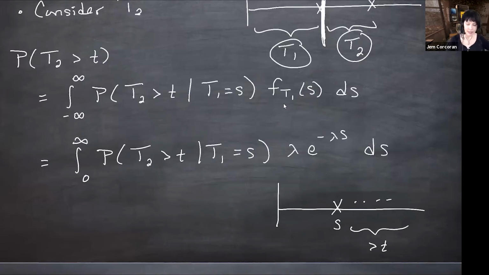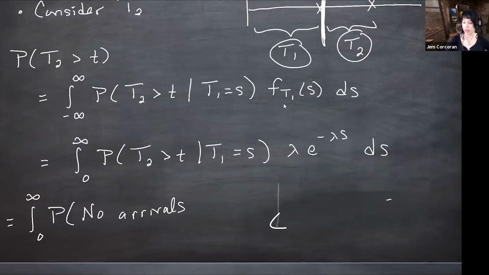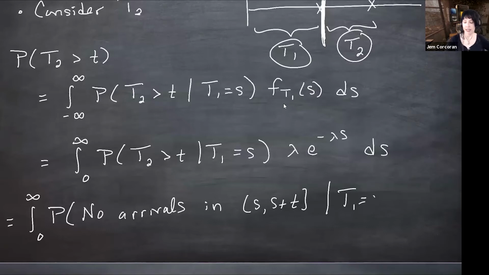So this is the integral 0 to infinity of the probability of no arrivals in the interval s to s plus t, given T1 is s, times lambda e to the minus lambda s ds.